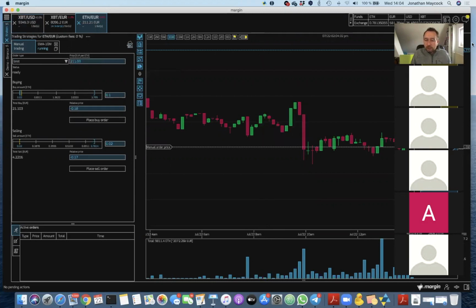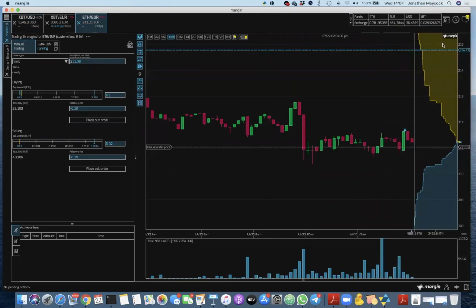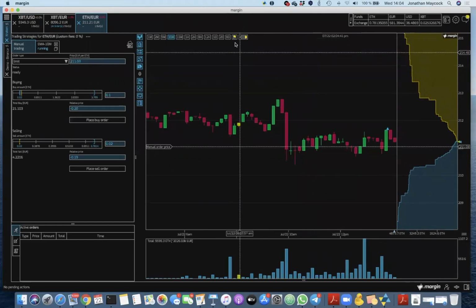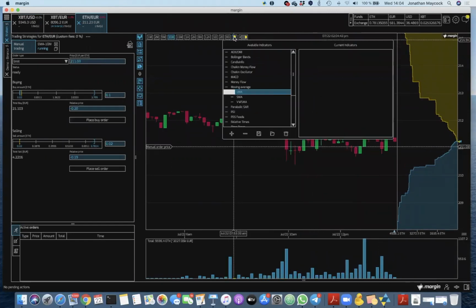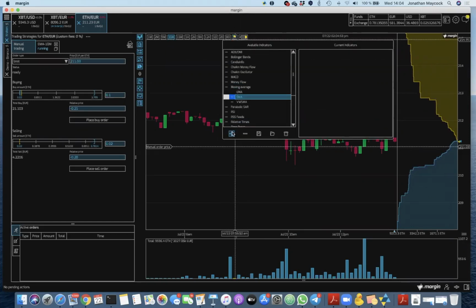This here is a little annoying, so maybe I can minimize it. Okay, to show a simple moving average, I'm going to go to the indicators in margin, which is this little flag here. There are some different indicators, and I'll choose a simple moving average.